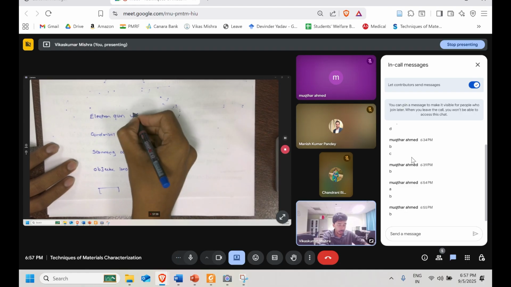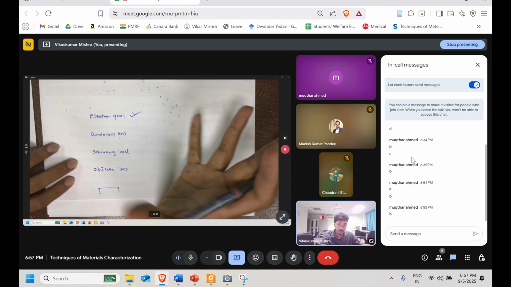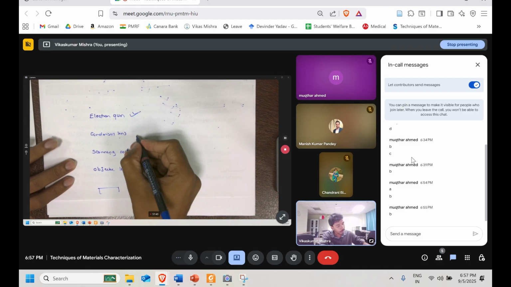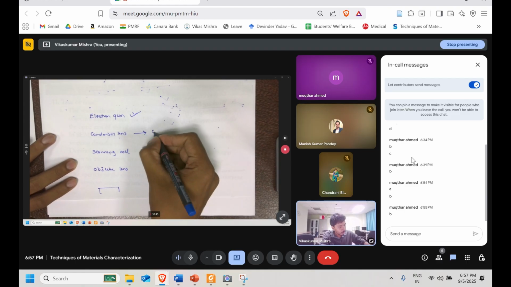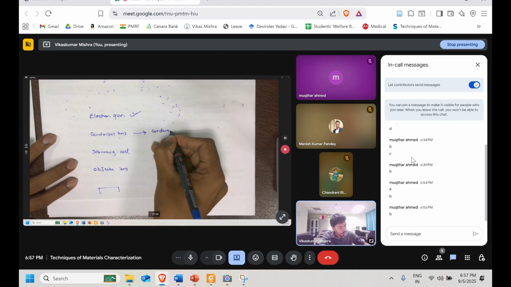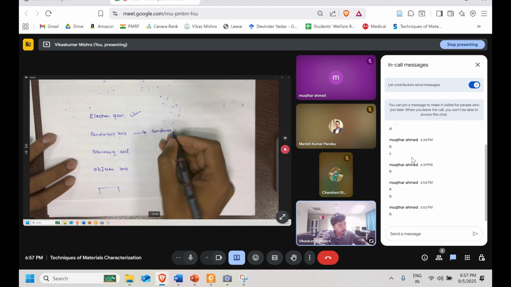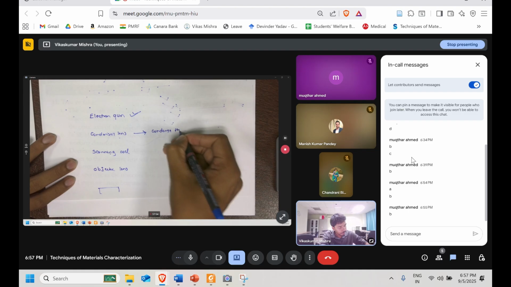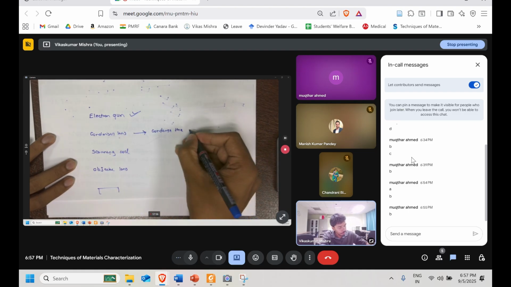Electron gun, we know its function, it's generating the electron beam. Condenser lens, the word itself, condense, it is used to condense this diameter, the probe diameter.